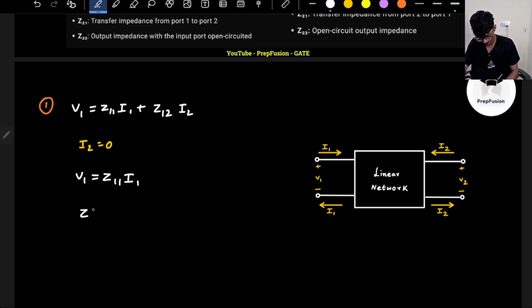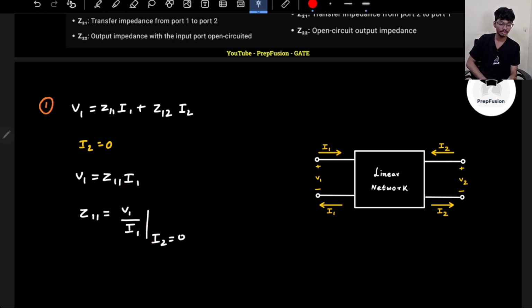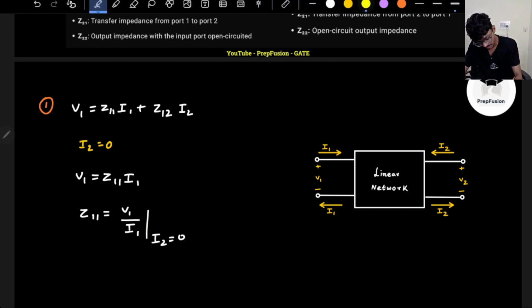So Z11 will be equal to V1 by I1 when I2 is 0. This is a very important condition, right? I will be able to write it as the ratio of V1 and I1 only if I make I2 0. So I have to make this port current 0.